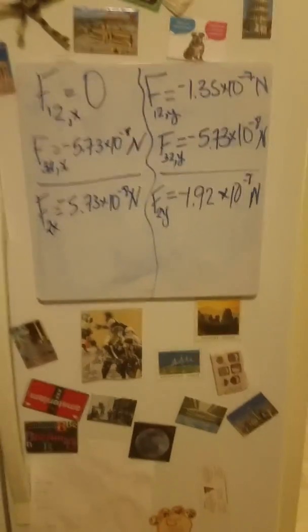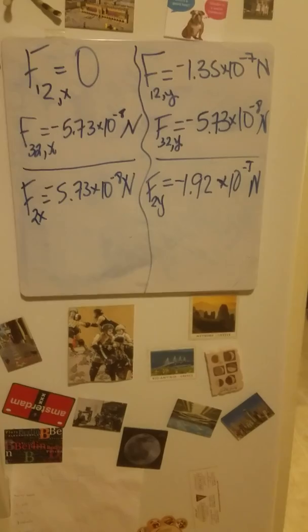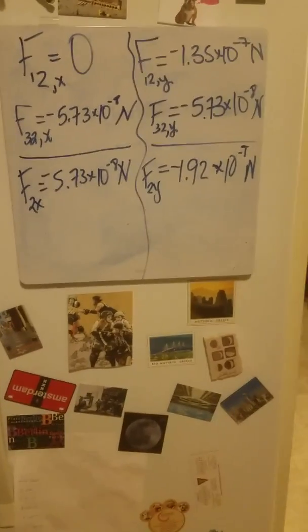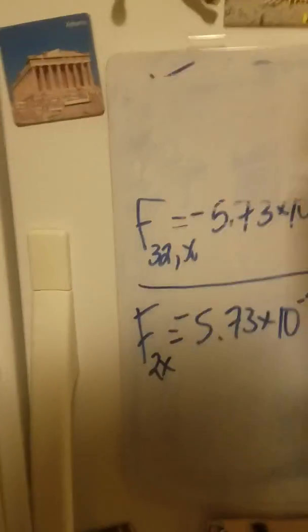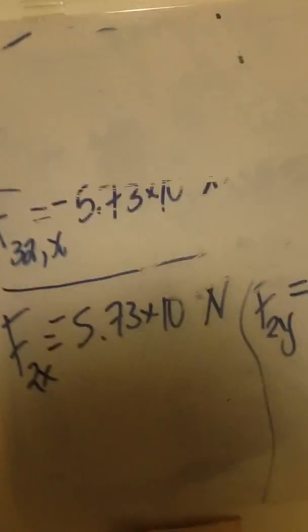Okay, then now that I have these, I can go ahead and use the Pythagorean theorem and a little bit of trig and get the overall force and the angle. It's always good to have a reality check and see, does our answer seem like it's going to make sense?